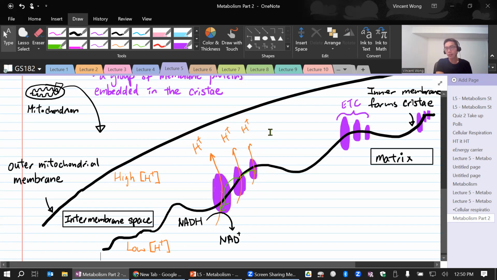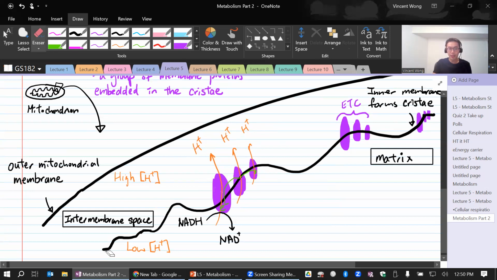Well, naturally, things go down their concentration gradient, right? So we have a high concentration of H+ in the intermembrane space and a low concentration in the matrix. So these things would naturally want to go back into the matrix. But they cannot do it because they are charged.